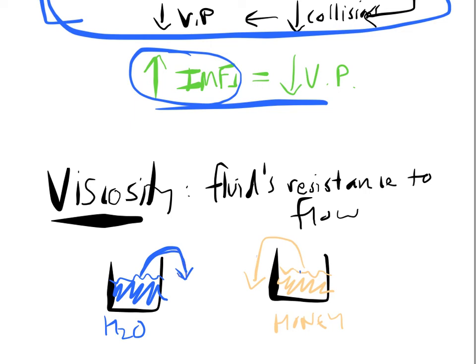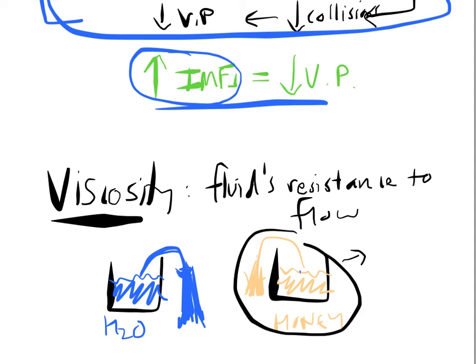Well, from our daily experience, we know that water is going to pour out a lot faster, indicated by more blue flown out, than honey. Honey is going to come out a lot slower. So this is indicating that honey is more resistant to flow. It doesn't want to flow as much as water does. So honey has a higher viscosity than water does.